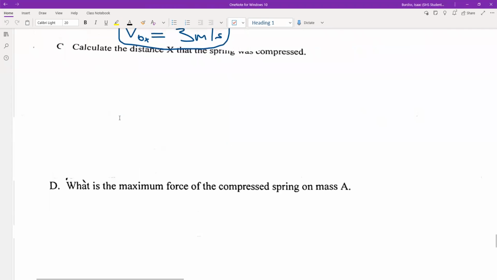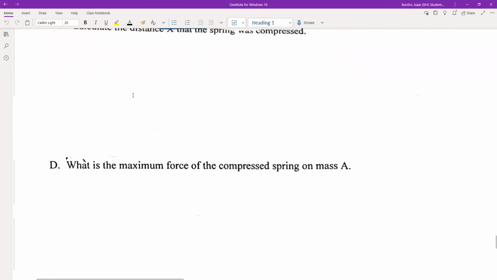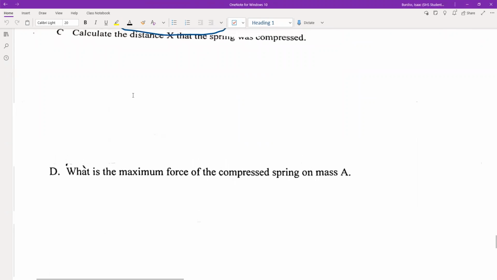All right, calculate the distance x that it was compressed. So now we're talking about the compressed part. Think about simple harmonic motion again. How do we find that? Well, we know Hooke's law. But we don't know force, but we do know that force equals mass times acceleration, and rearranging that, we would get this.